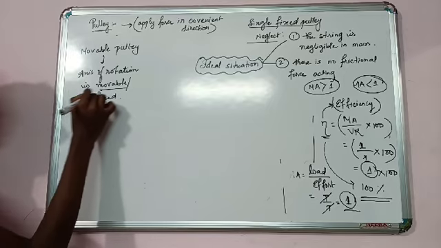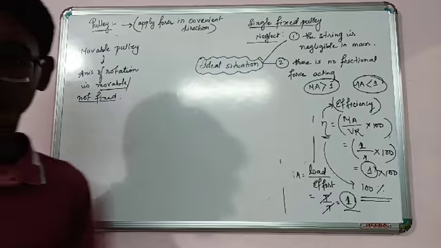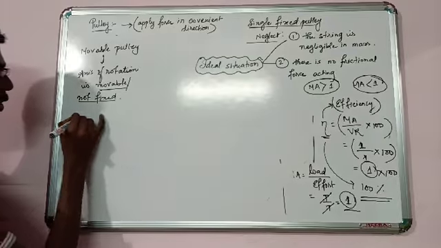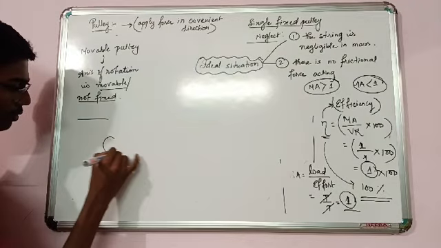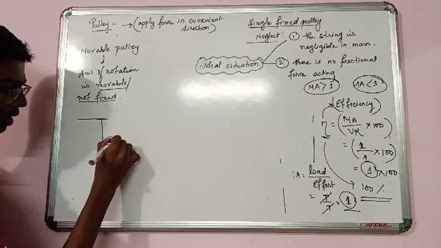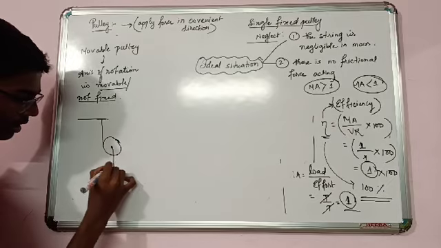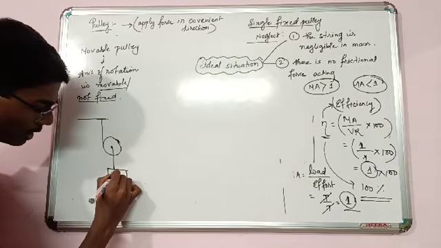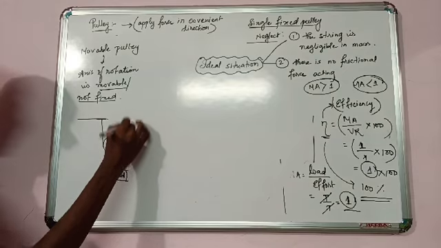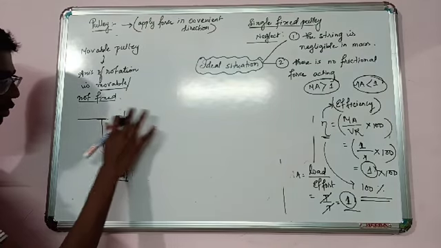We can draw it like this. This is the fixed support. This is the axis from where the load is hanged. This is how you draw a movable pulley.